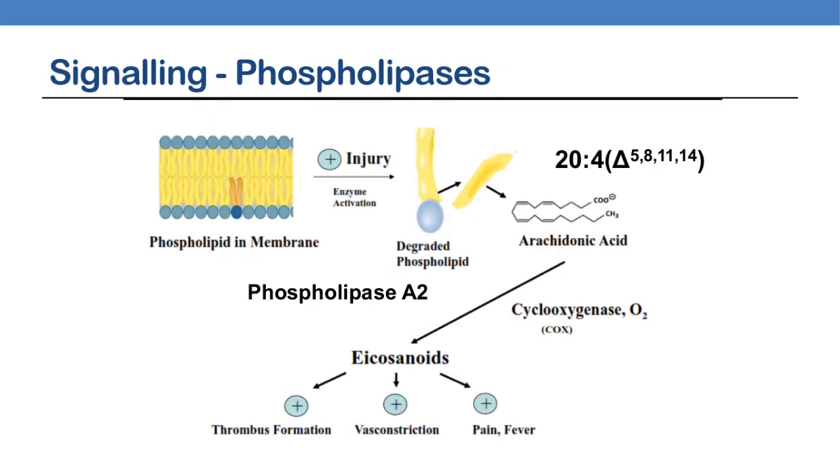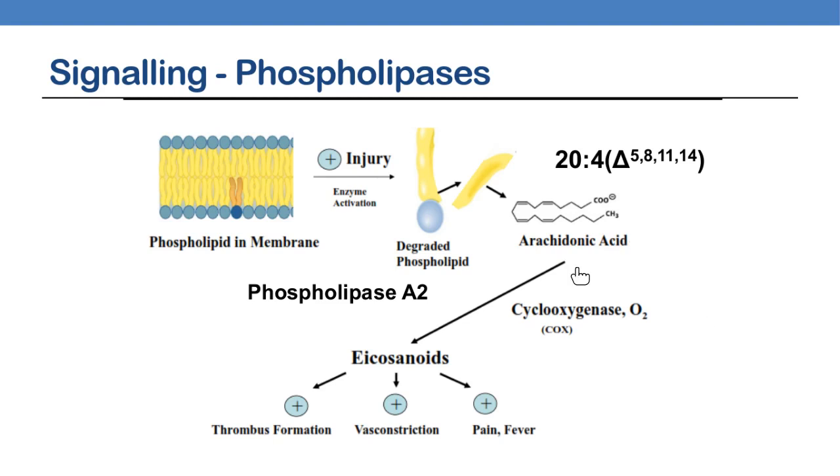One specific example you should be familiar with, though, is the phospholipase A2 that releases arachidonic acid. This signaling pathway is in response to an injury. So when you get some sort of injury, you're going to get the activation of this phospholipase A2. This releases arachidonic acid, which is one of the fatty acid chains.